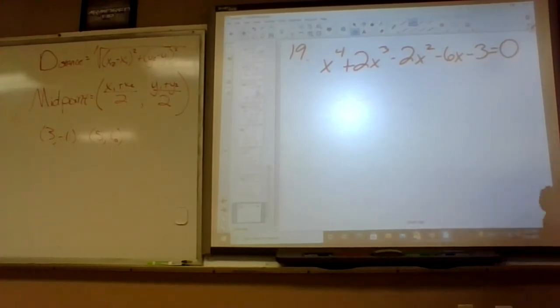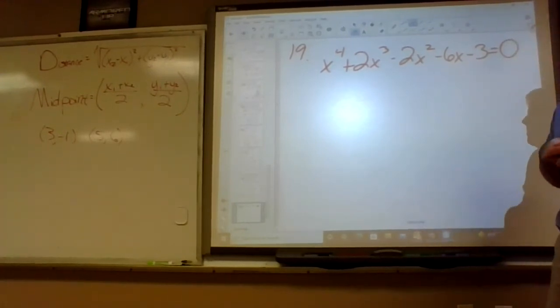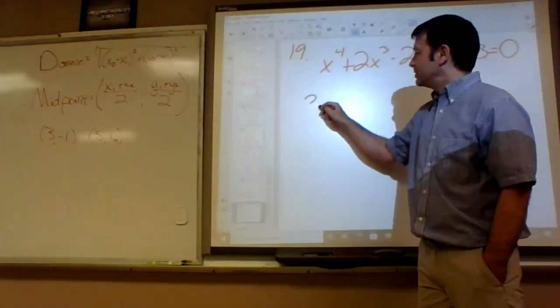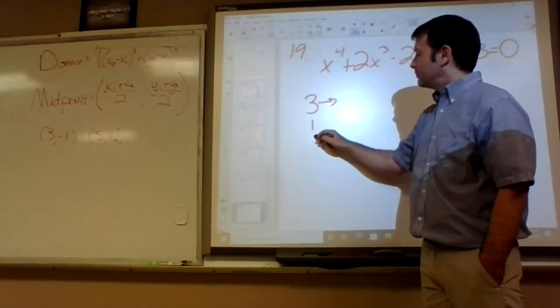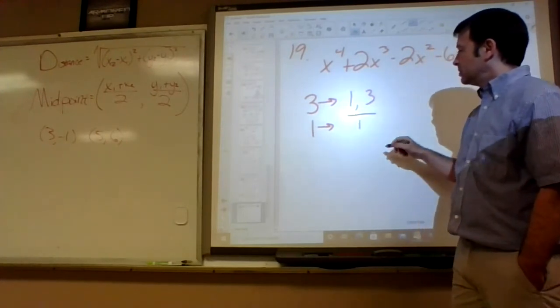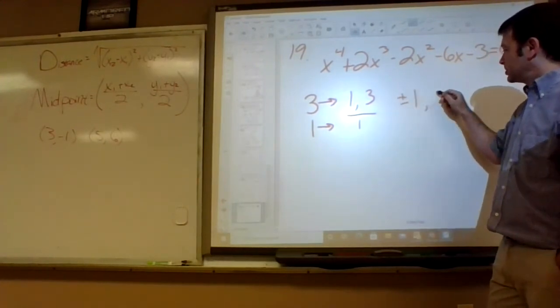That means we're going to have to find 2 answers before we get it down to a quadratic, x squared. So that makes it a little bit harder. So I need factors of 3 over factors of 1. 3 and 1, 1 and 1. So it's either 1 over 1 or 3 over 1. That's good. We don't have a lot of options.